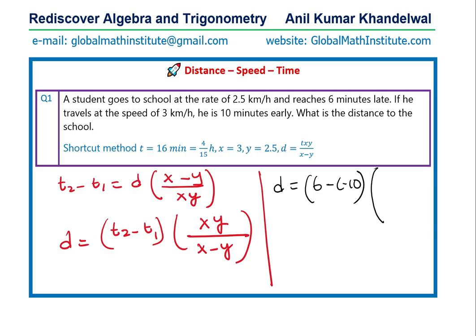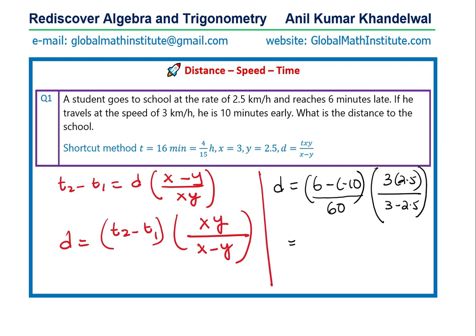Now this time was in minutes, so we have to divide it by 60, because the speeds are in kilometers per hour. Correct? As far as the speeds are concerned, we'll multiply 3 and 2.5, and divide by 3 minus 2.5. Correct?